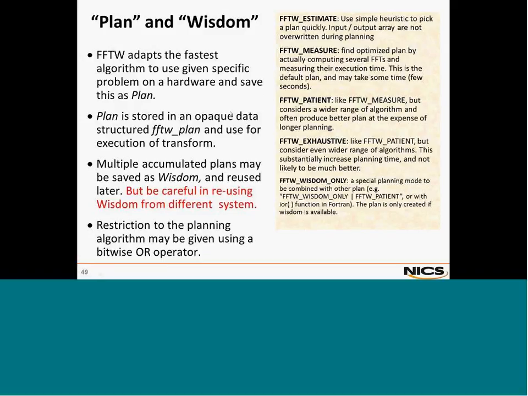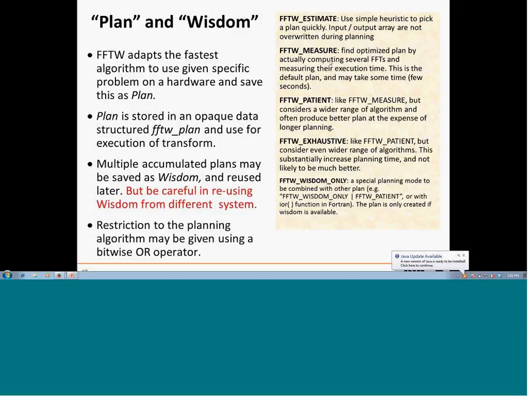In creating the plan, we use estimate. This is a simple heuristic to pick a plan quickly, but you can also use measure, which is more involved: FFTW does more things to measure different execution times. It depends on how exhaustive you want this to be.